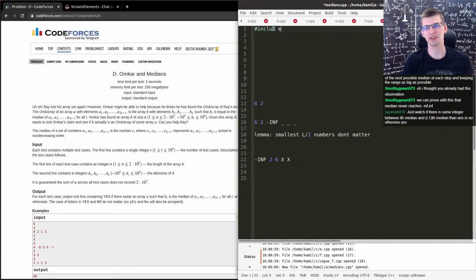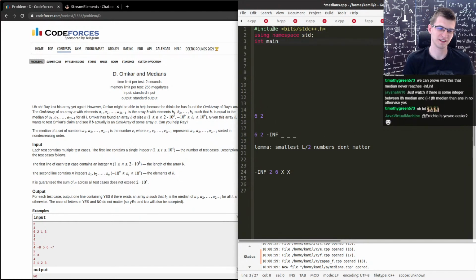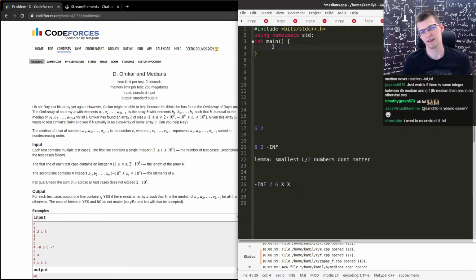Okay, with reconstructing I can guess more, because I don't need to understand how exactly to create the sequence. Yes, no is easier? Well, it can only be easier, right? If you have a constructive solution where you construct the answer, then you in particular know if it's possible or not.